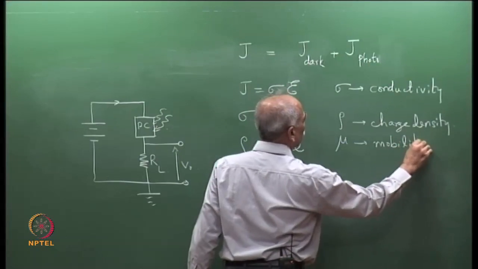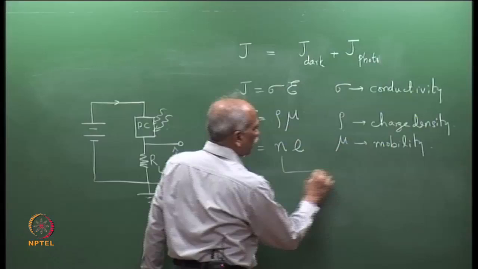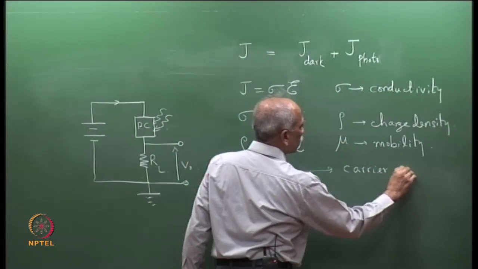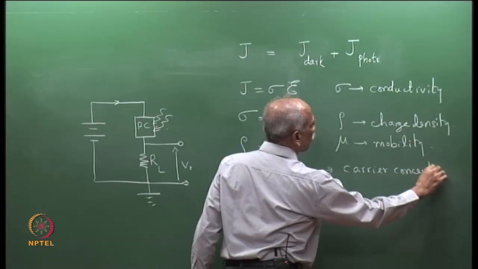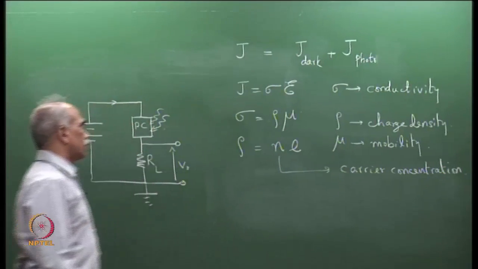Rho itself is equal to n times e, if n is the number of carriers per unit volume. n is the carrier concentration.